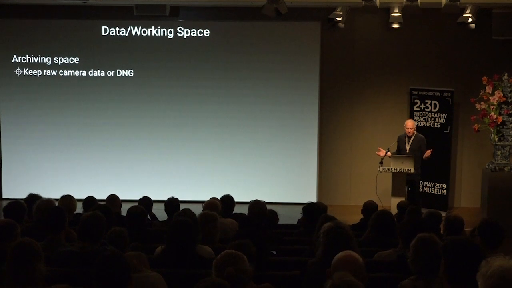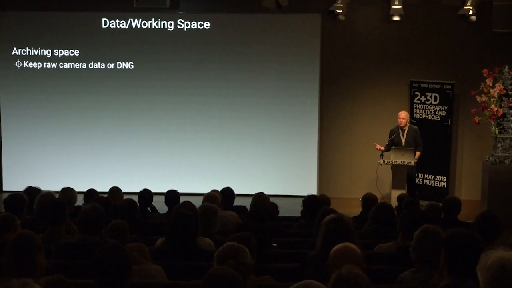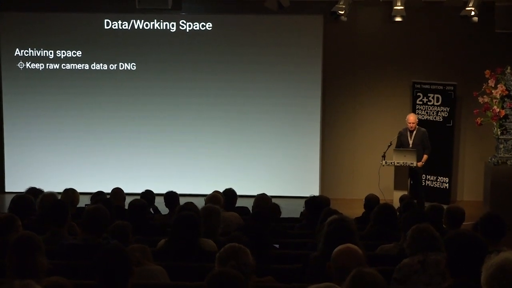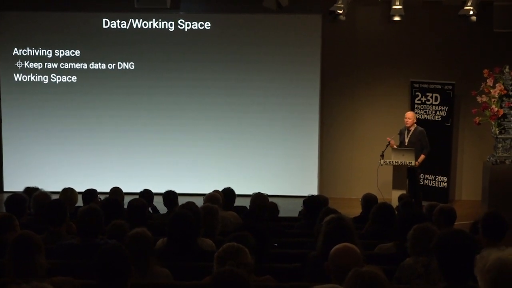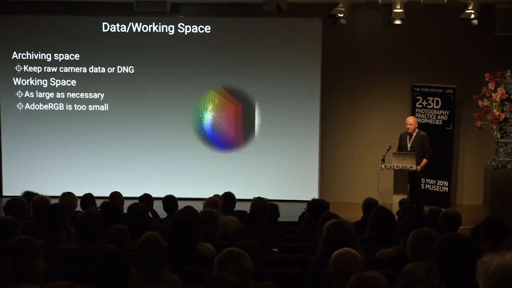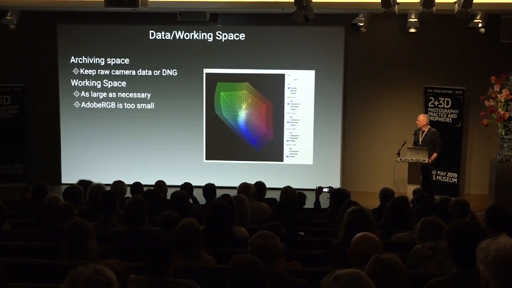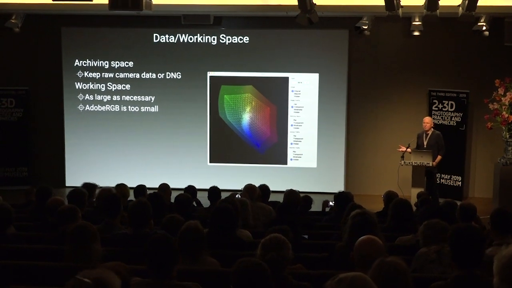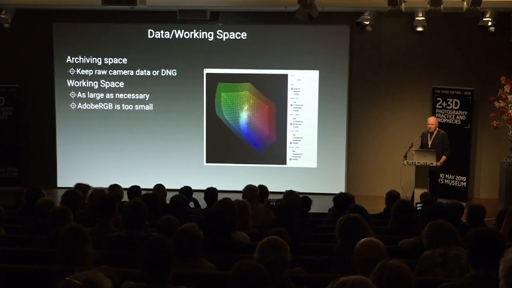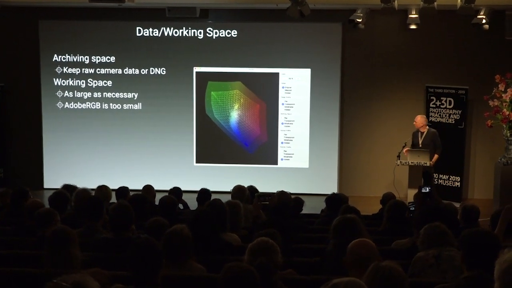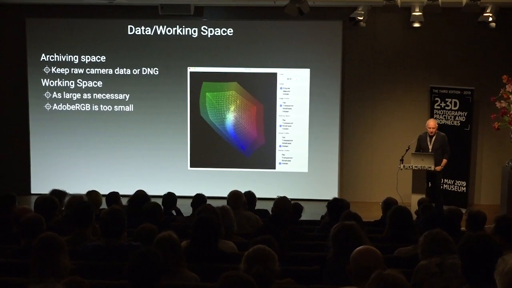Next part, the working space that we use to convert data into. We should keep our raw or DNG data for reference and for the future, because as technology evolves, we will definitely have better methods of converting raw into three-color RGB or other formats.